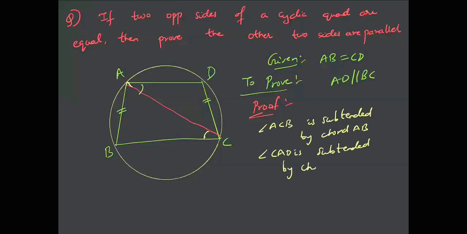Now, since these two chords are equal, the angles subtended by these two chords are also equal. Angle ACB is equal to angle CAD.